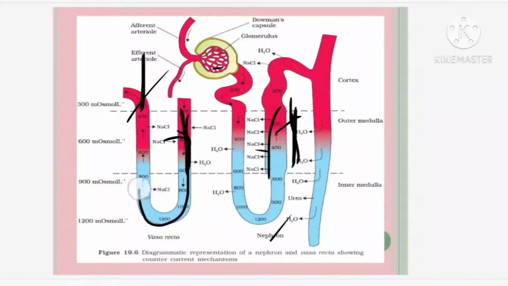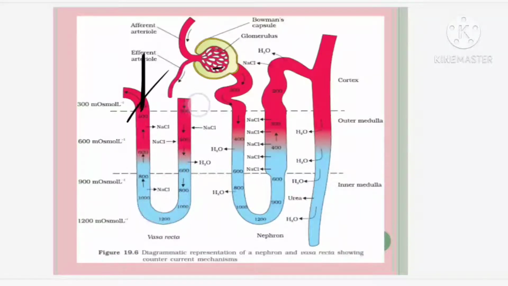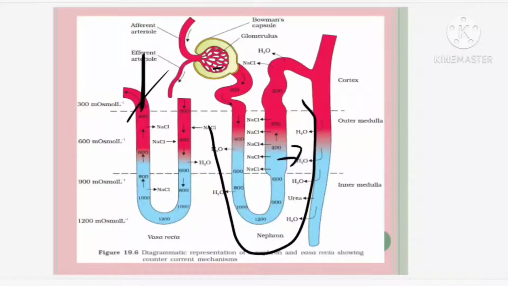So into the descending limb of the vasa rectae, NaCl is moving in from the ascending limb of the Henle's loop. Is that clear? I will draw again and show you. The vasa rectae is present over here. The NaCl given by the ascending limb is taken by the descending limb of the vasa rectae.